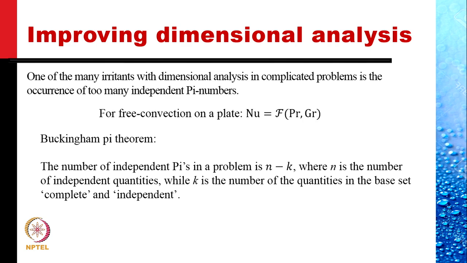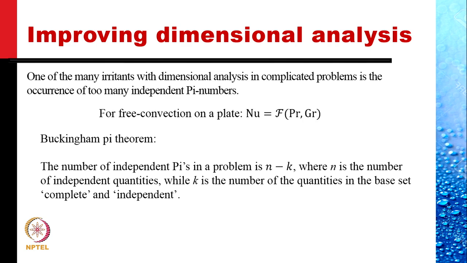In the case of problems in heat transfer, we said we could reduce the number of n by 1 by taking the temperature difference rather than the two individual temperatures as independent parameters. We also combined the density differences and g in one pi number in some problems.